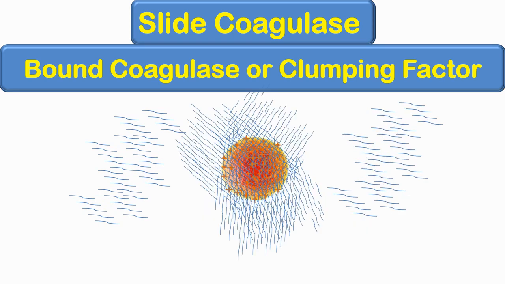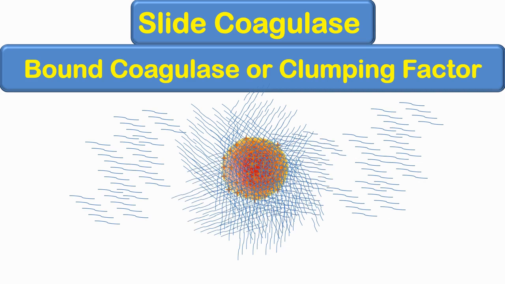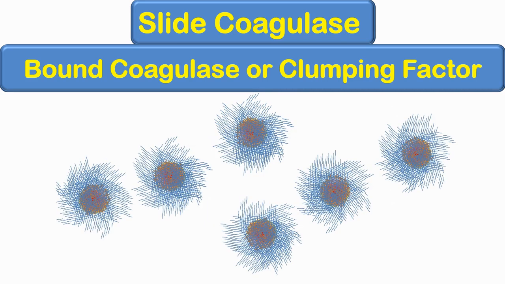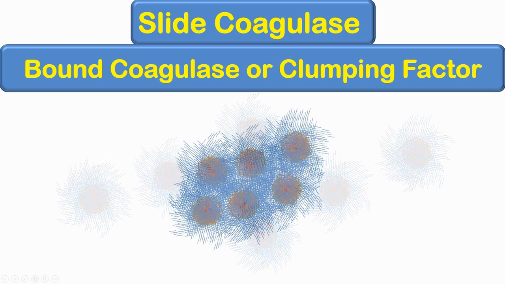The fibrin strands form a meshwork around the staphylococci. The meshwork entangles the suspended bacteria, causing them to clump together. This can be seen as visible clumps that are diagnostic for the presence of bound coagulase or the clumping factor.